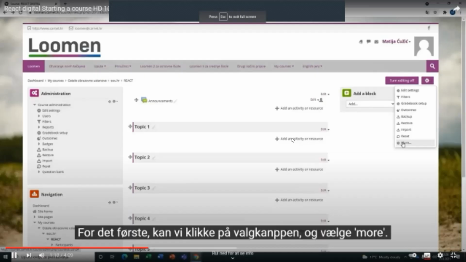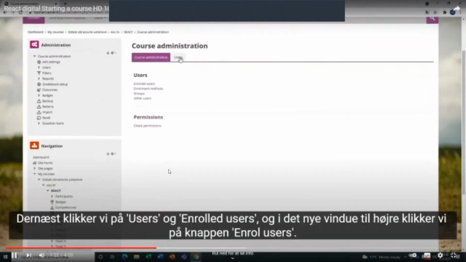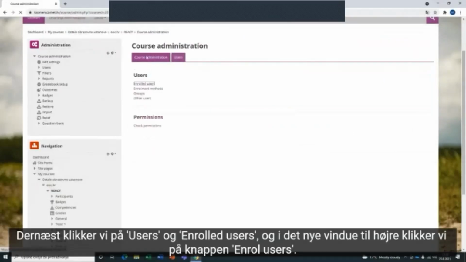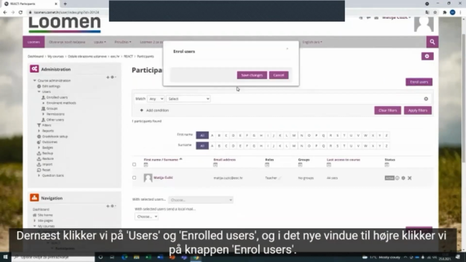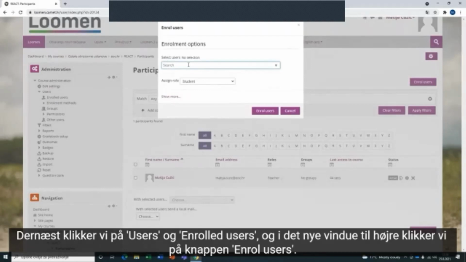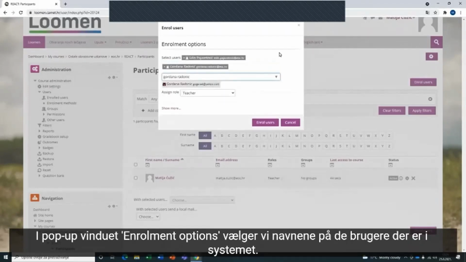First, we click on the option button and select More. Then we click on Users and Enrolled Users, and in the new window on the right we click the button Enroll Users. In the pop-up window, Enrollment Options, we select the names of the users who are in the system.